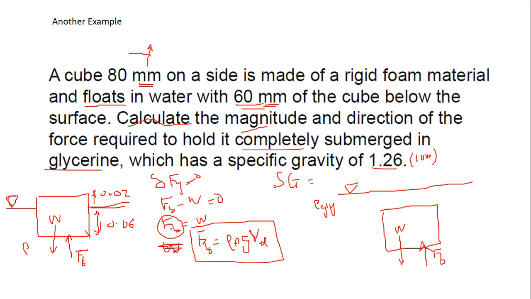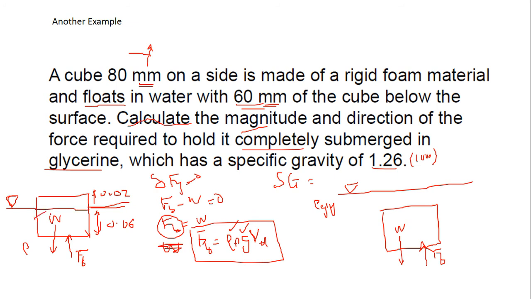So you can find your FB using the rho of your fluid, and they give you the rho of the fluid because they give you the specific gravity. Okay, so you have this rho of the fluid, and you have the G because it's constant, and you have the volume displacement bawah ni.